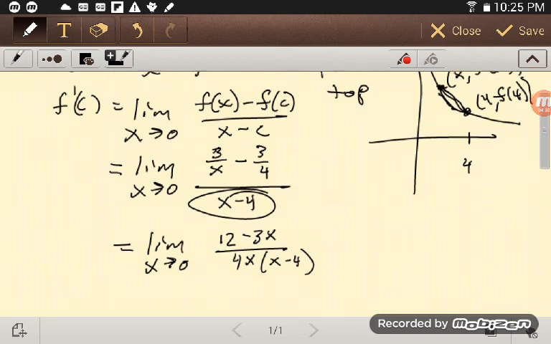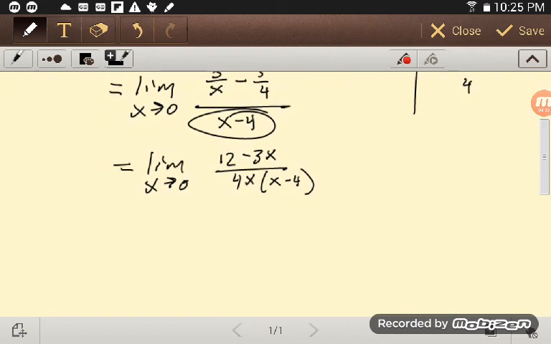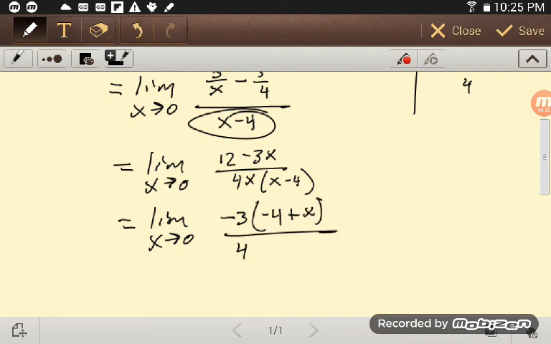So actually I'm going to factor out a negative 3. So this is the limit of negative 3 times, and if I do that, negative 4 and then plus x, all over 4x times x minus 4. But you see, that one and that one are the same thing.